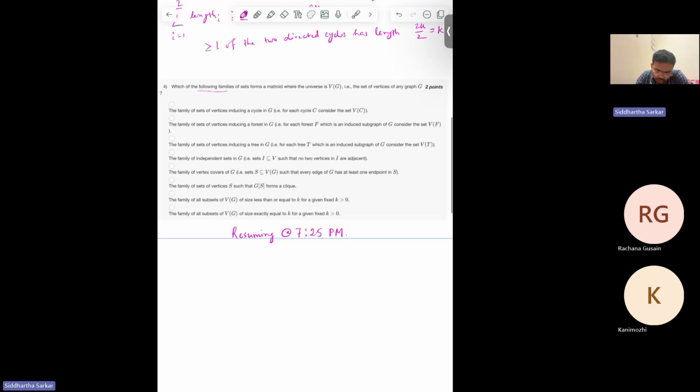Which of the following families of sets forms a matroid where the universe is the set of vertices of any graph? Okay. So we'll look at all these statements and we'll decide whether these families are forming a matroid or not.